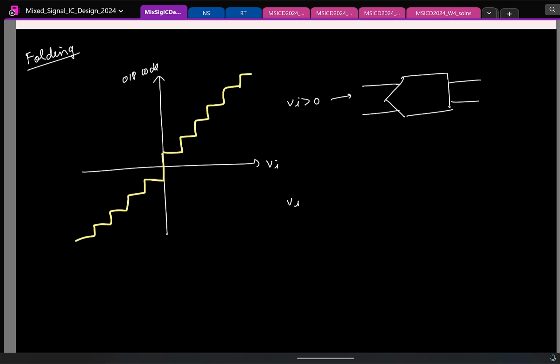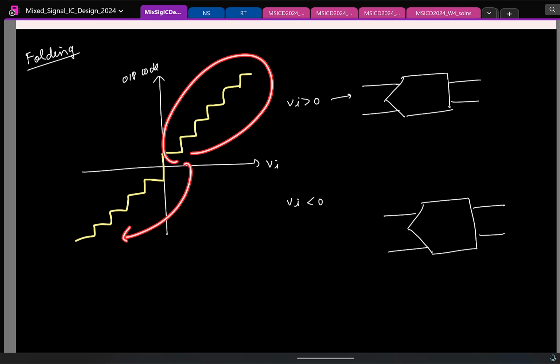If the input is less than 0, can I use the same ADC to make the decision? Remember, the characteristic is exactly symmetric. So instead of applying Vi, if I apply minus Vi, we are set.